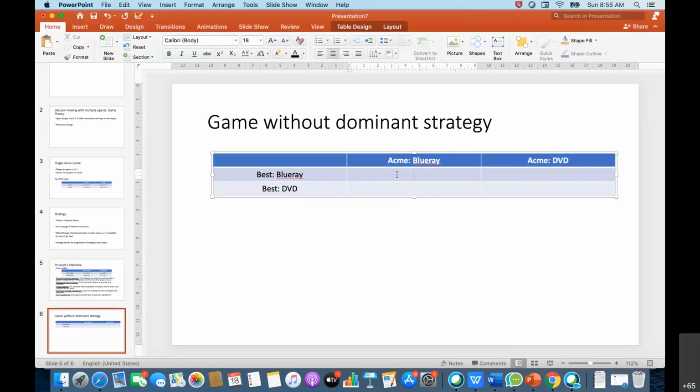The game is designed so that both of them are going to gain +9.